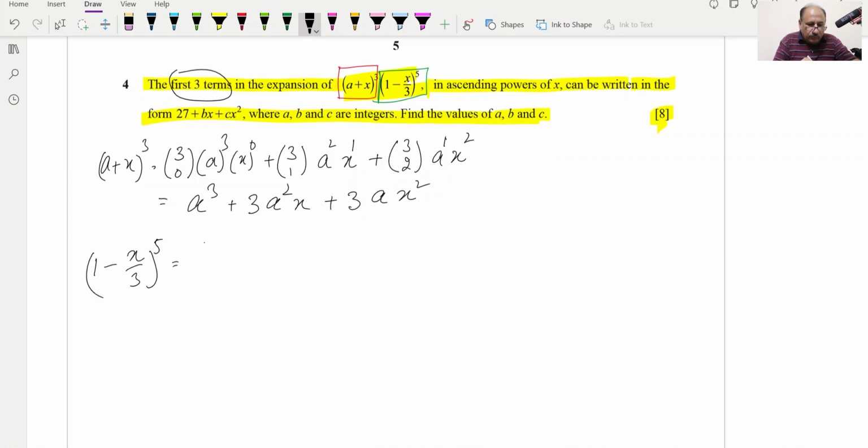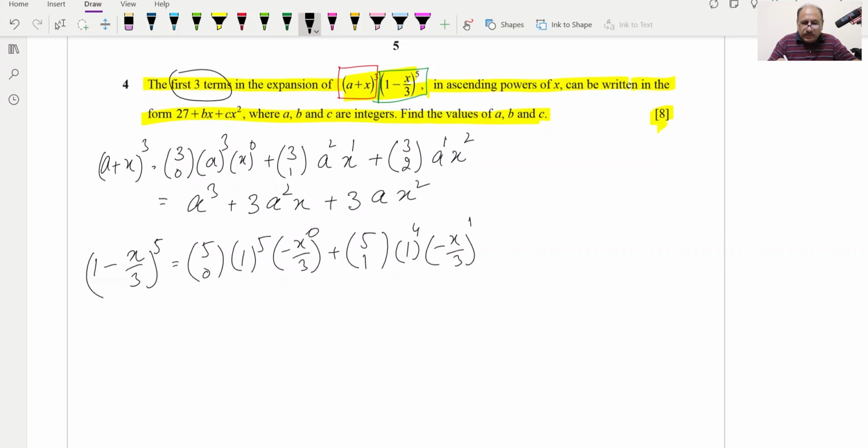So this will be equal to 5c0, 1 raised to power 5 and minus x over 3 raised to the power 0, and second term will be 5c1, 1 raised to the power 4 and minus x over 3 raised to the power 1, and next will be plus 5c2, 1 raised to the power 3 and minus x over 3 raised to the power 2.